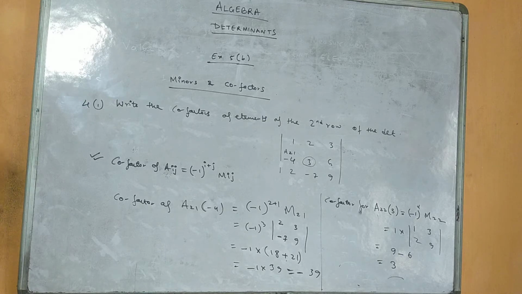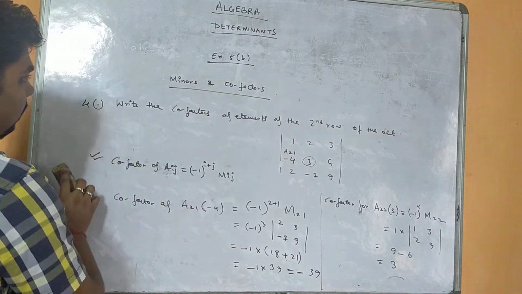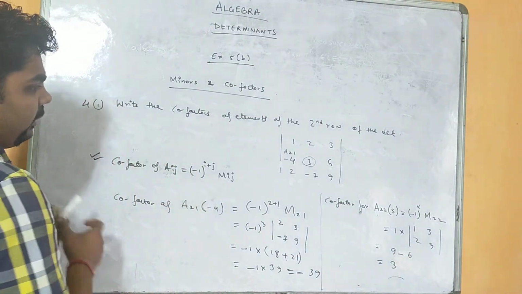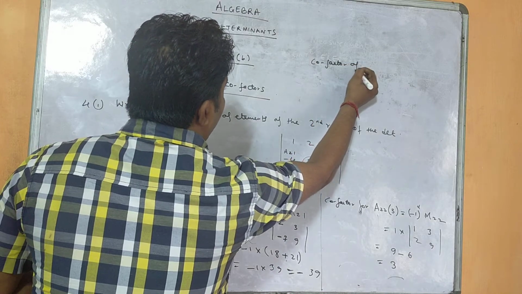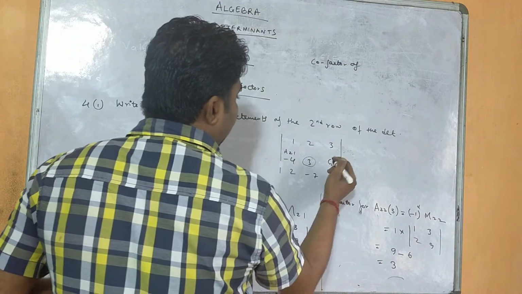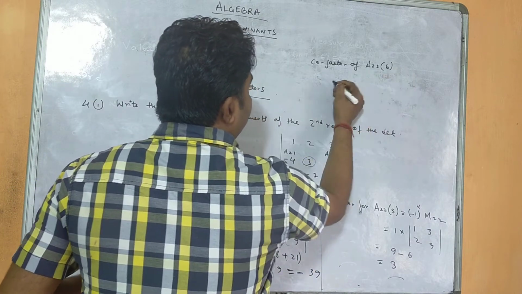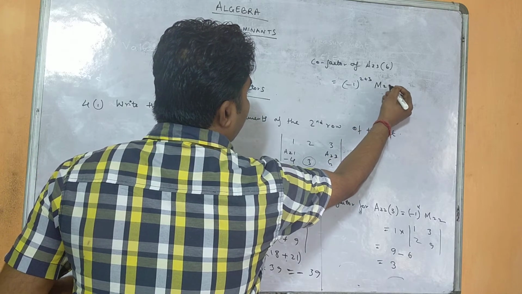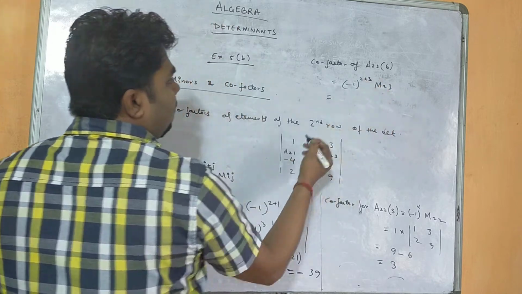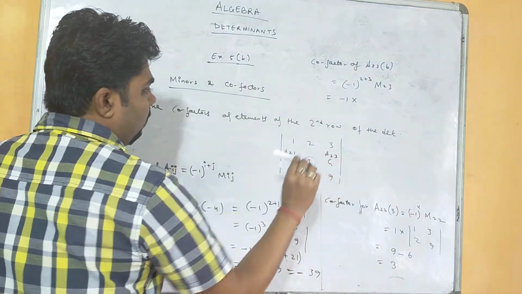Next, one more left. Let's find the cofactor of 6. What is this position? A23 for 6. Minus 1 to the power 2 plus 3, times M23. Here it is an odd power, so you will get minus 1 times M23. You hide the corresponding row and column.